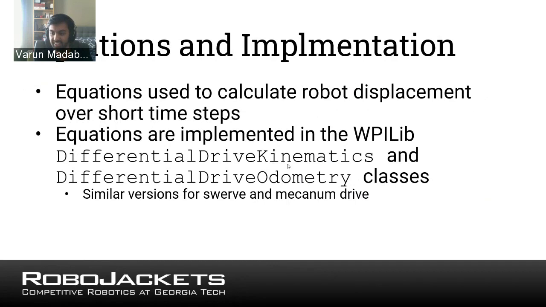Kinematics just implements the formulas, and then odometry lets you use those formulas. You can call them in a process in order to always keep track by measuring the encoder, measuring the IMU, combining all those measurements, and storing the last known position of the robot.